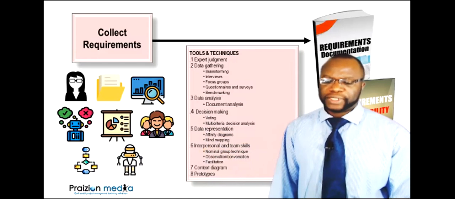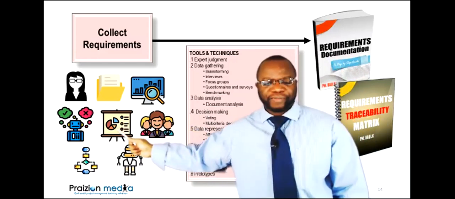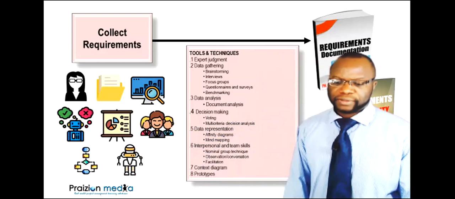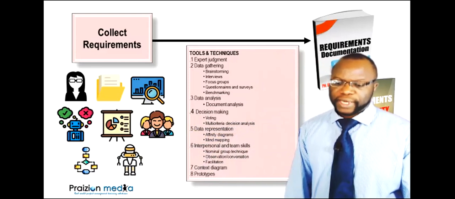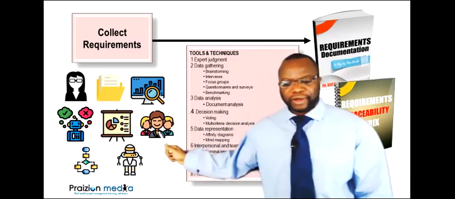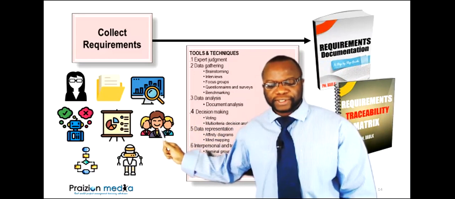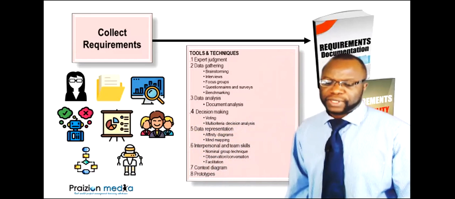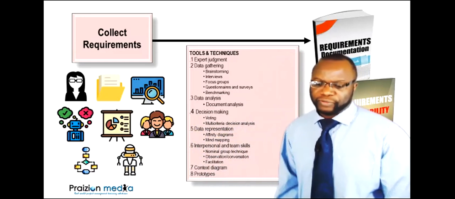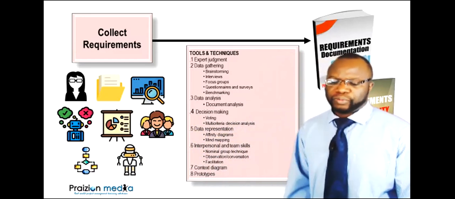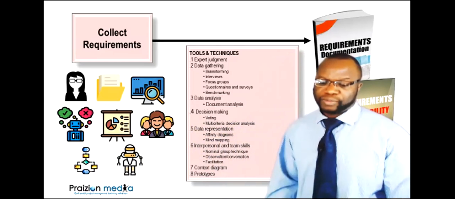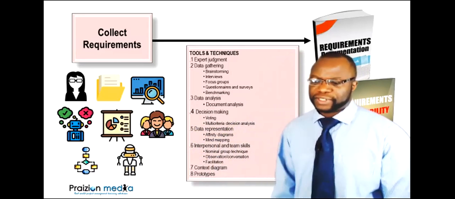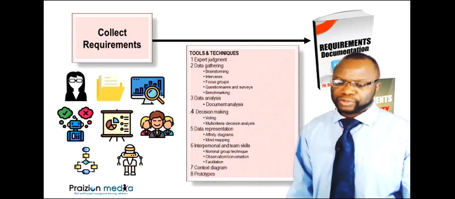Then we've got data representation. So how do you represent your data? That's that. We've got interpersonal and team skills. Obviously doing a good job there. You see the smile. Interpersonal and team skills. And here you can see we've got a few things: nominal group technique, observation and conversation, and facilitation. We'll talk about those.